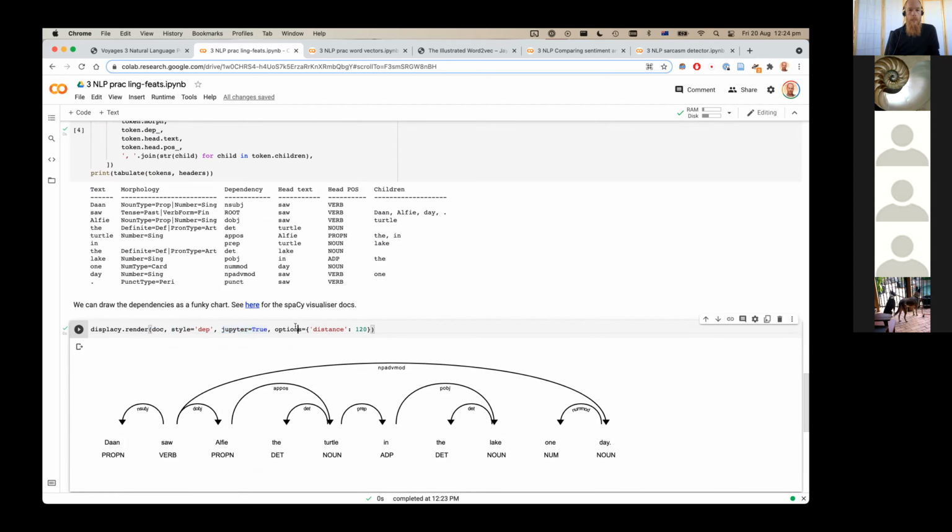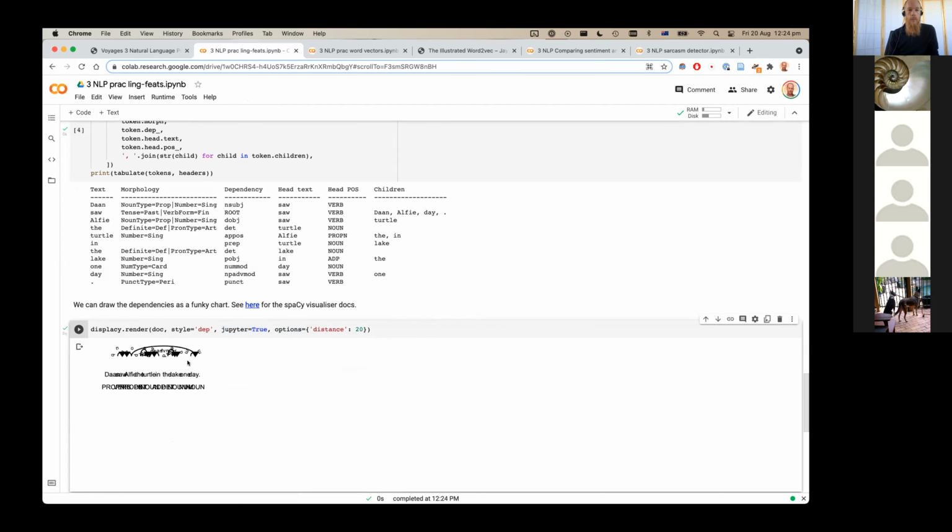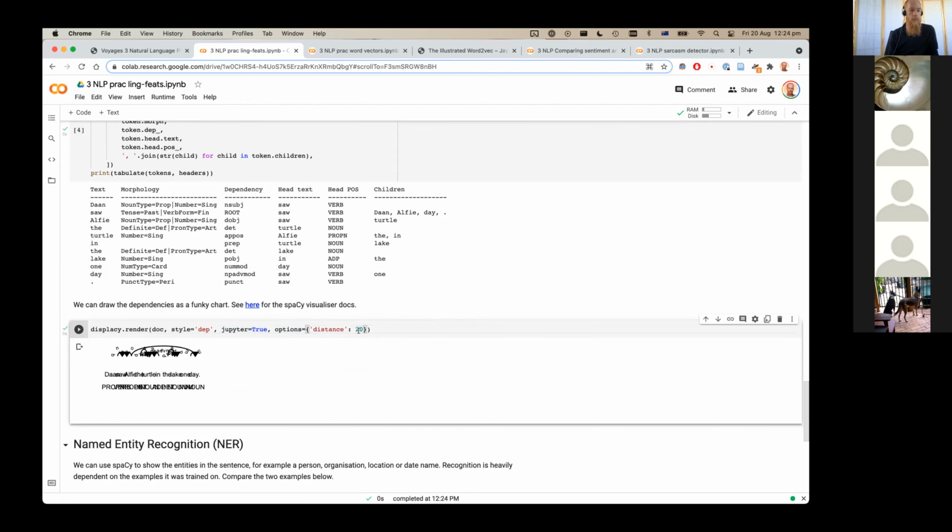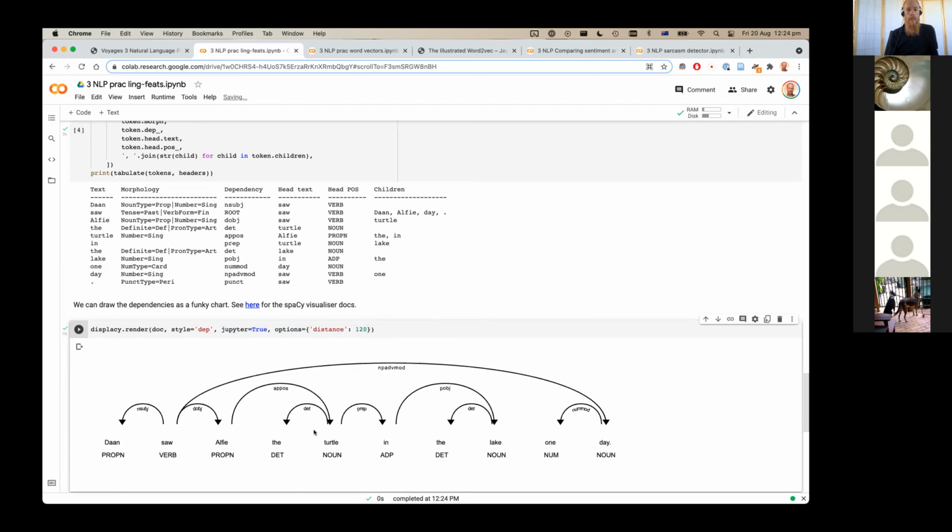Now, we can also set some options. So this is a sizing or scaling parameter. You can manipulate that and rerun it and see what happens. Whoop, doesn't really work so well. So this is something that you might tune depending on the complexity of the sentence, the complexity of the chart, and the size of the space that you're working in.